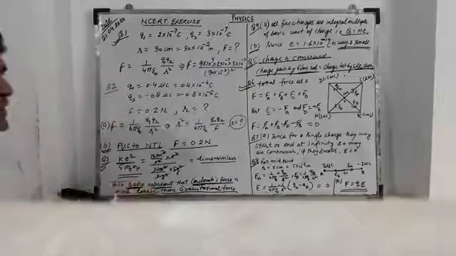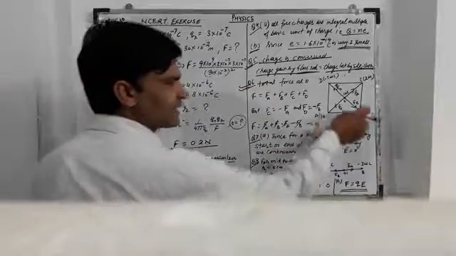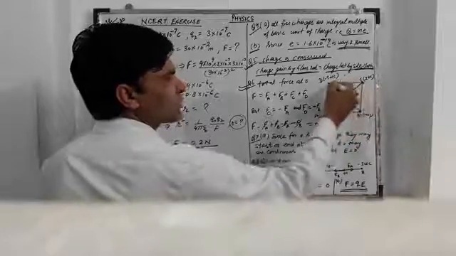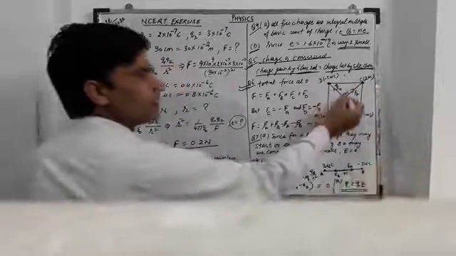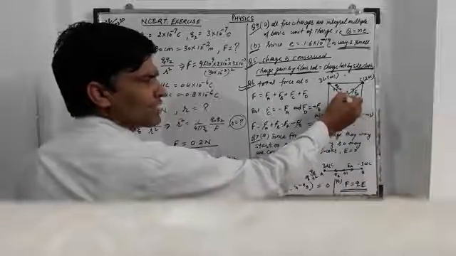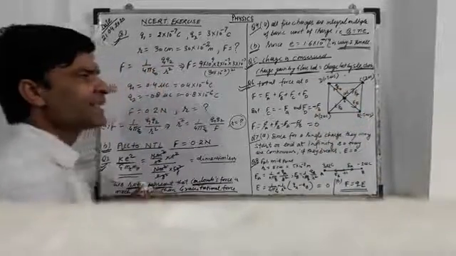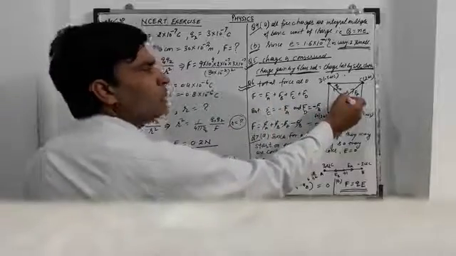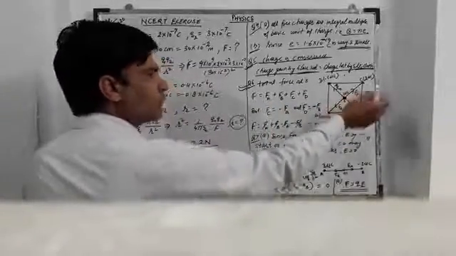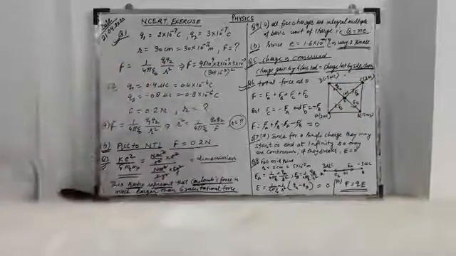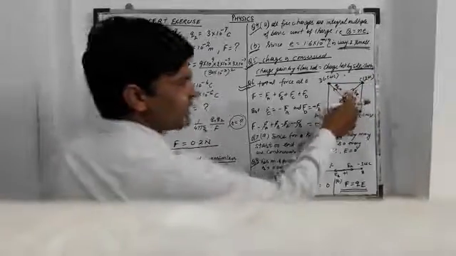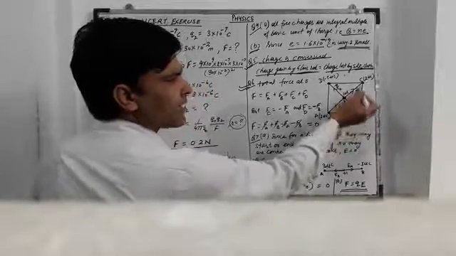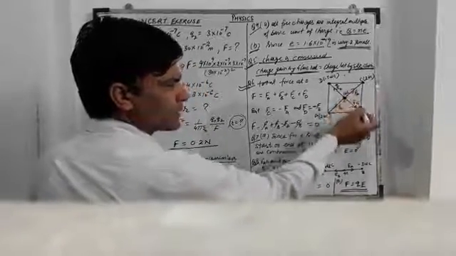In question number 6, question is saying that there are 4 charges at the vertices of a square and a 1 microcoulomb charge is placed at its center. Then find the total force on the charge at the center of the square. Then you can see from the diagram FA and FC are opposite to each other.